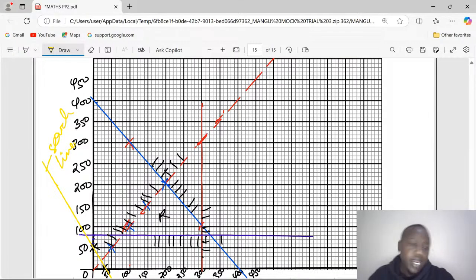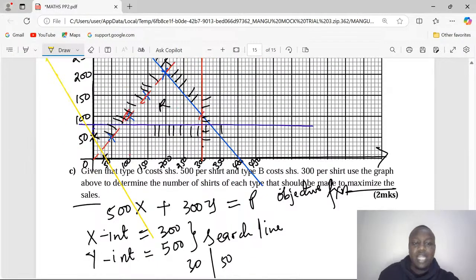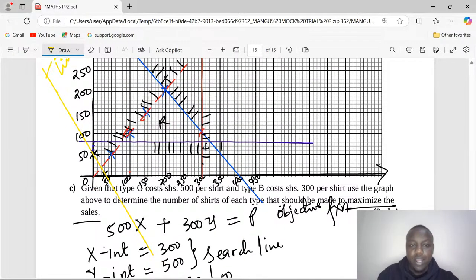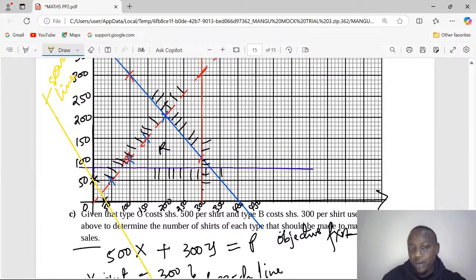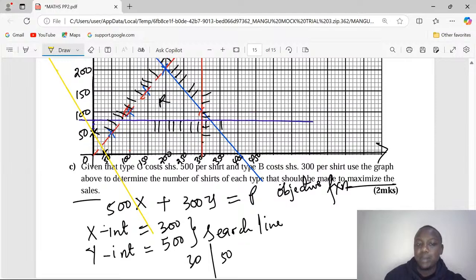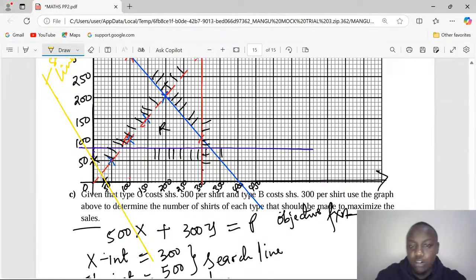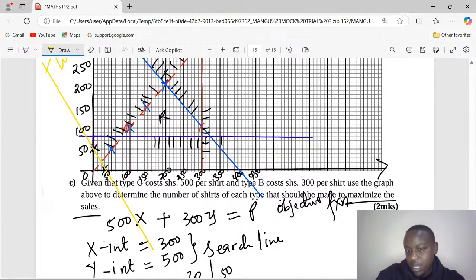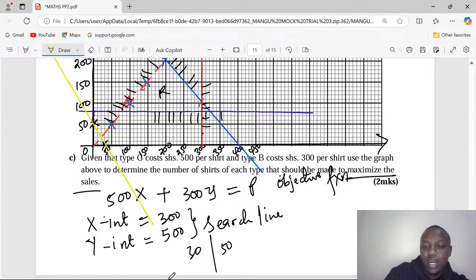Now with the search line, we can slide a set square into the region until we see the last coordinate that we will come across inside the region. That will give us the maximum. I'm sure you cannot see my tools on the grid, but a student can work that out.